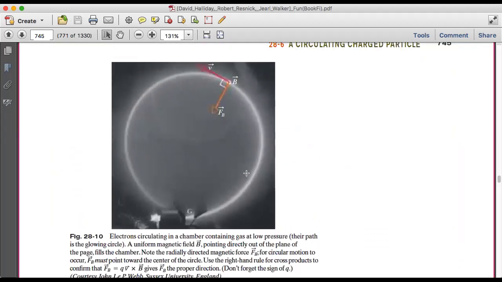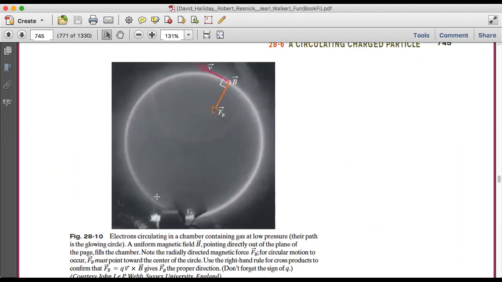So this is the electron picture. It moves in a circular path in the chamber that contains a gas at low pressure.